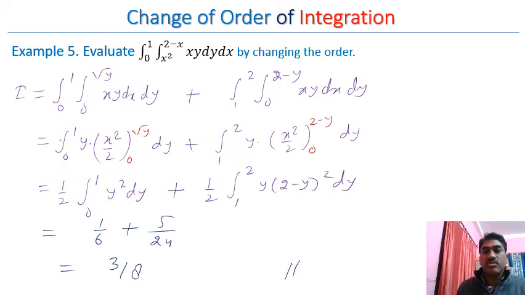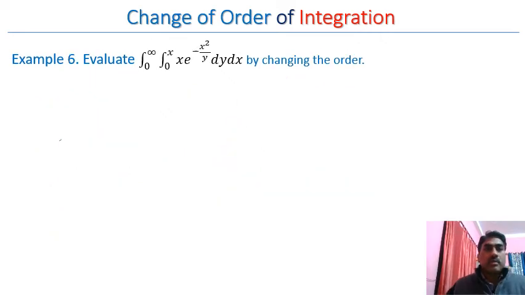So this is what we evaluated after changing the order. What we learned from this integral is that after changing the order, the integral breaks into two parts. Now finally we take another integral which is not easy to integrate directly. This is 0 to infinity, 0 to x, x e to the power minus x square by y, dy dx. I think the minus is not clearly visible here.